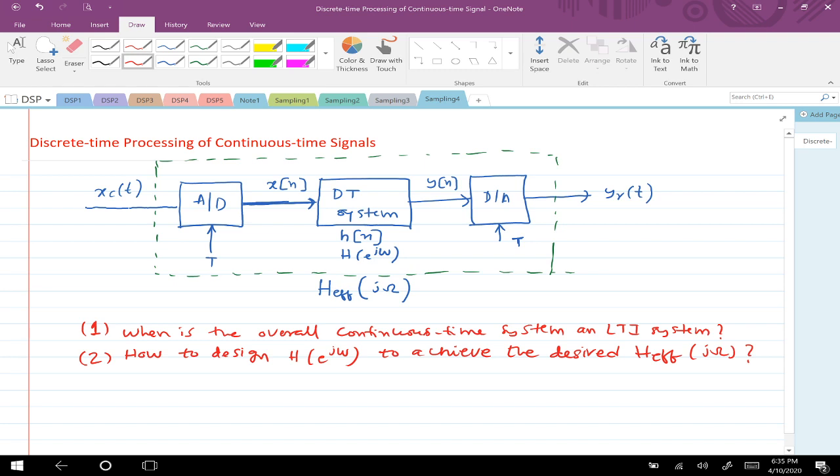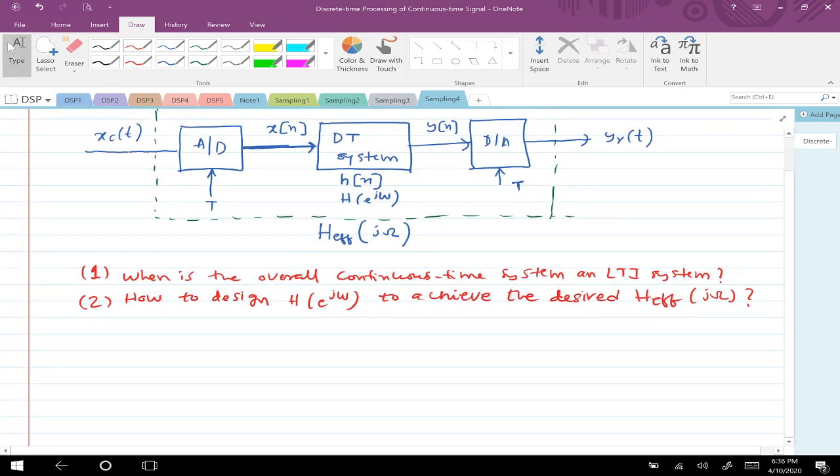What you are going to play with is in fact this h of n, which means h of e power j omega, but what you desire is, given an xc of t, a particular type of yr of t. In simple words, what is the relationship between h of e power j omega and h effective of j omega? That's how we could put the question.